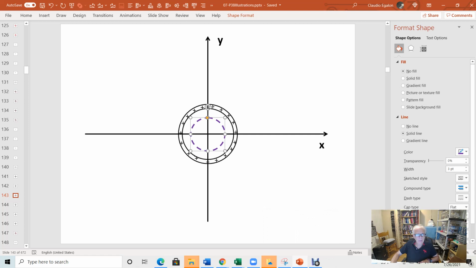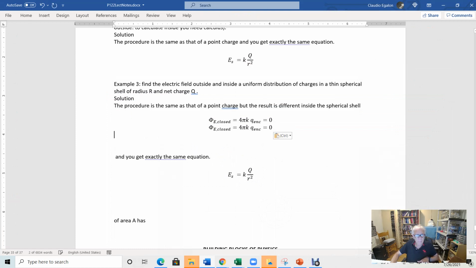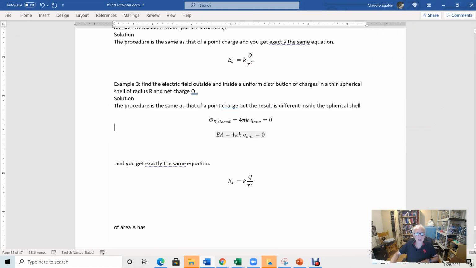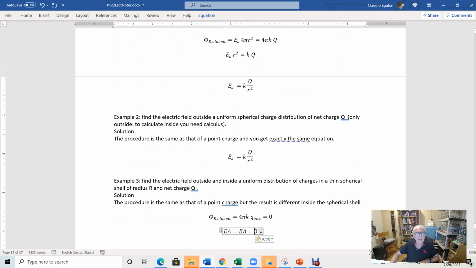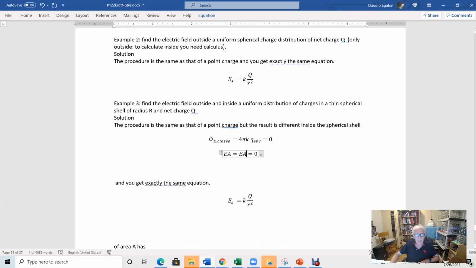This flux would be E times A. The area of the Gaussian surface is finite. Don't forget the area of the imaginary surface is going to be 4 pi r squared.